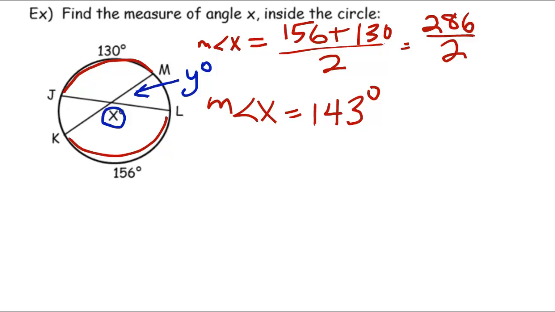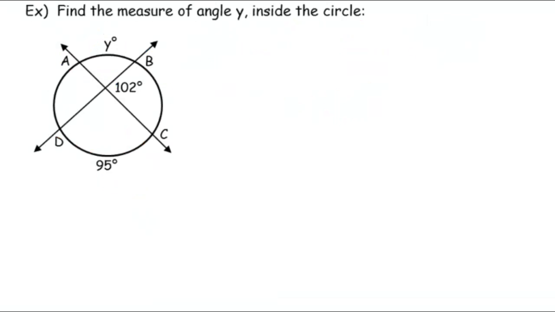Because a lot of times you'll be given this arc and this arc, but the angle that they're looking for is Y. So if you're given these two arcs, remember that if you add these and divide by 2, you're getting the angle that intercepts those two specific arcs, not Y. You have to get this angle first, the one those arcs are intercepted by, and then subtract from 180 to get Y. Okay, let's move on.